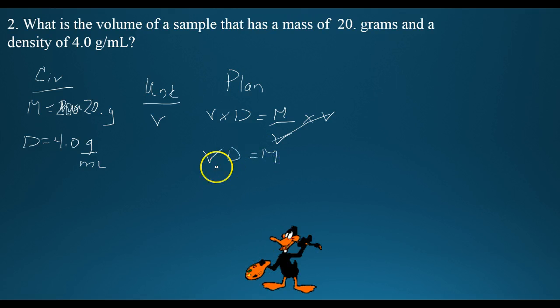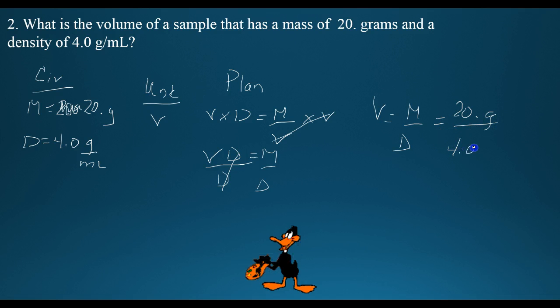We want to get rid of the density on this side, so we're going to divide both sides by density. Density divides out here, so volume is equal to mass over the density. And plug in your numbers. So you have 20. grams over 4.0 grams over milliliter. Grams is going to divide out. And to two significant figures, we will have 5.0 milliliters as our volume.